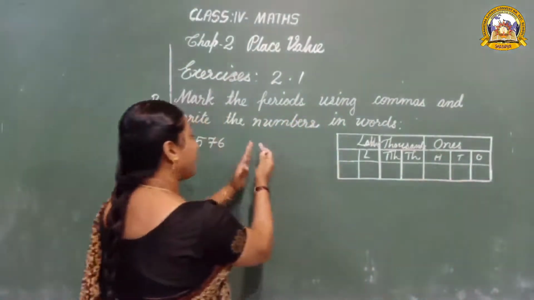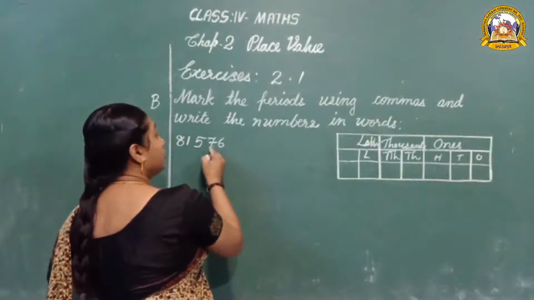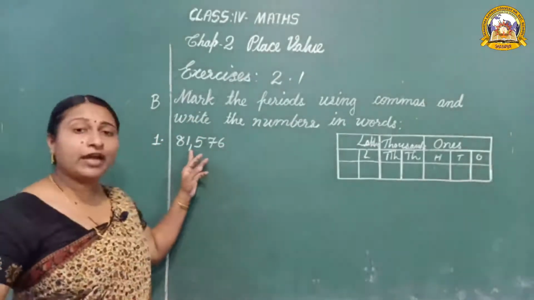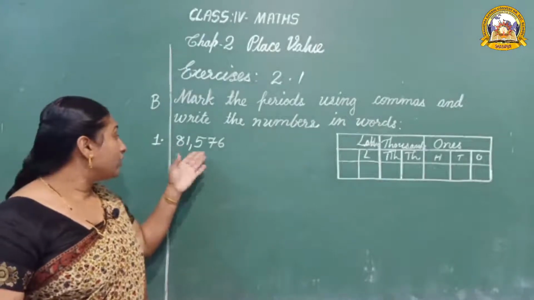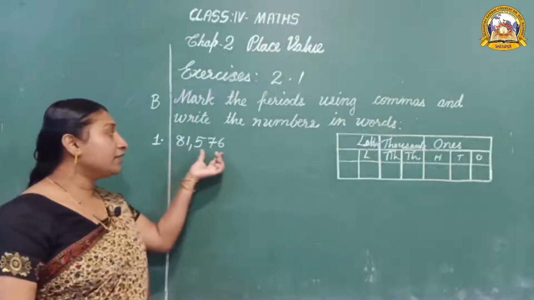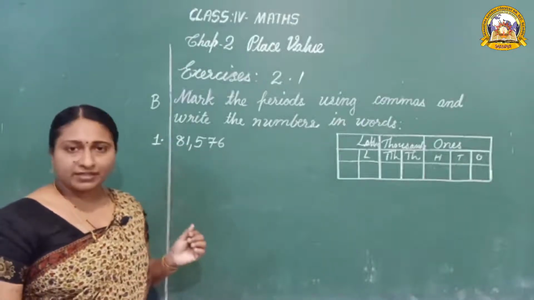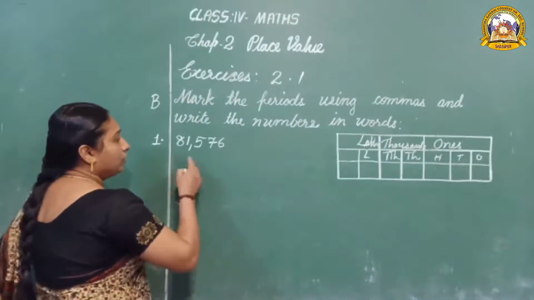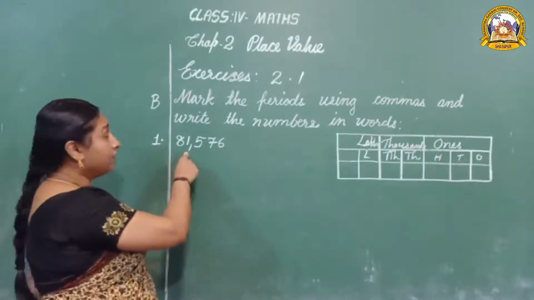Yes, count from right side. 1, 2, 3 digits. So we can give a comma here. Here now we can read it very easily. 81,576. Okay. So now we have already given the comma.